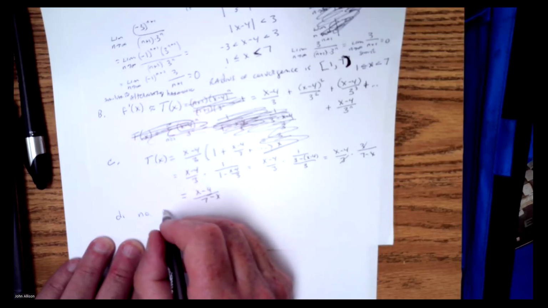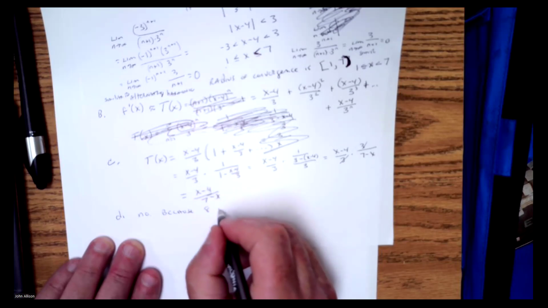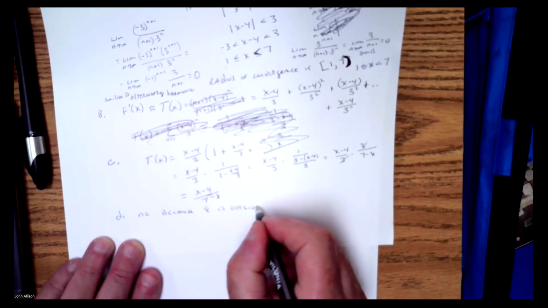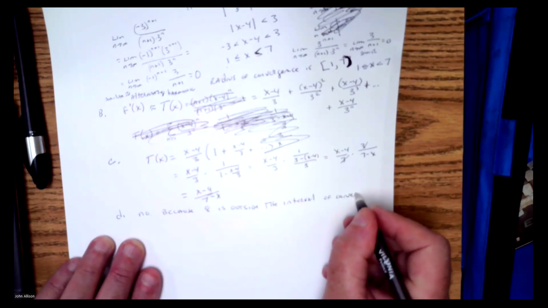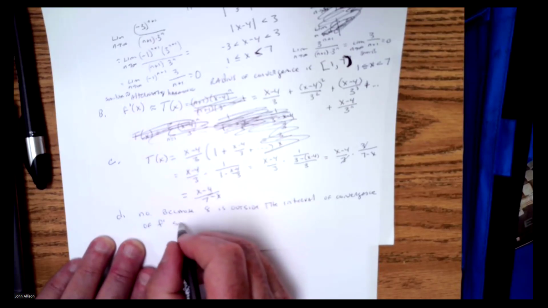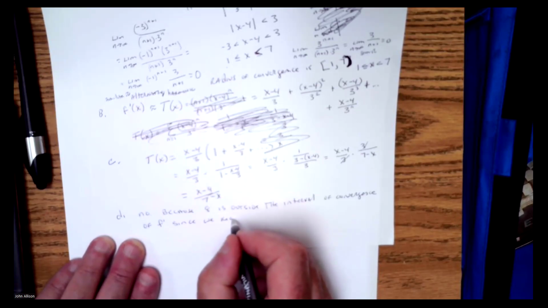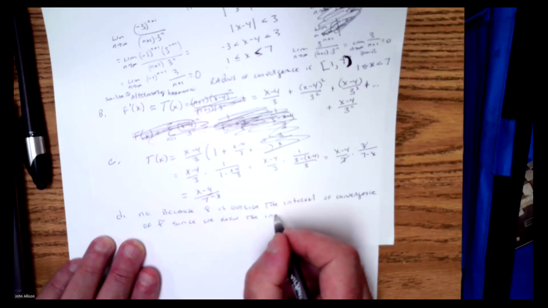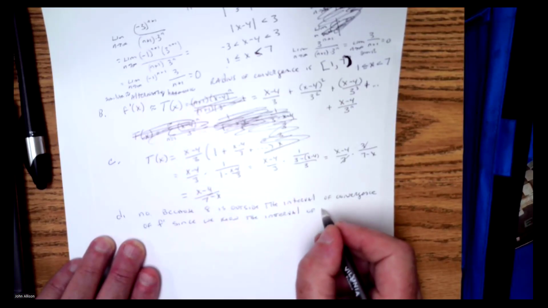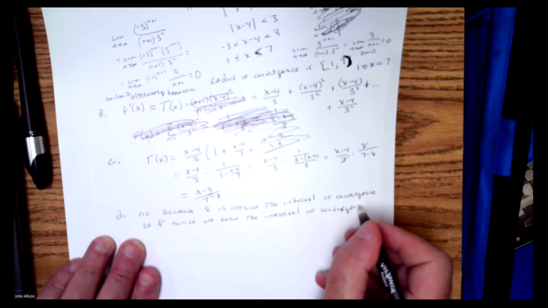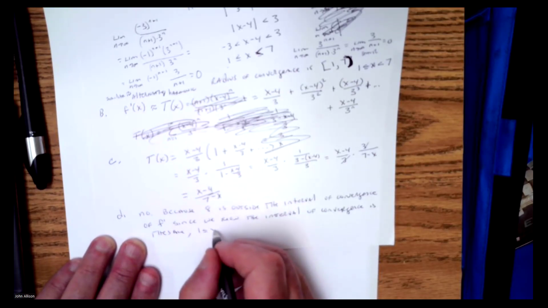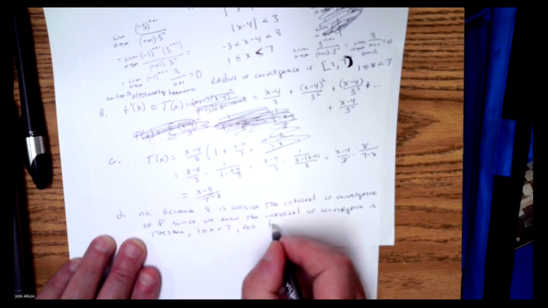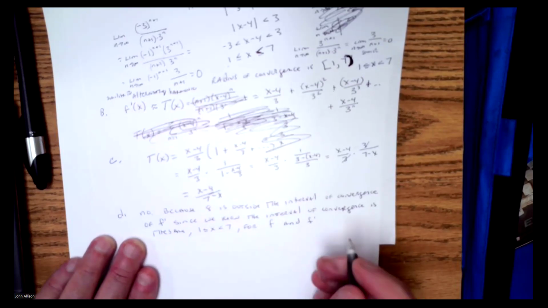No, because 8 is outside the interval of convergence of f prime, since we know the interval of convergence is the same, 1 less than or equal to x less than 7, for f and f prime. Okay, that should be it for number 6.